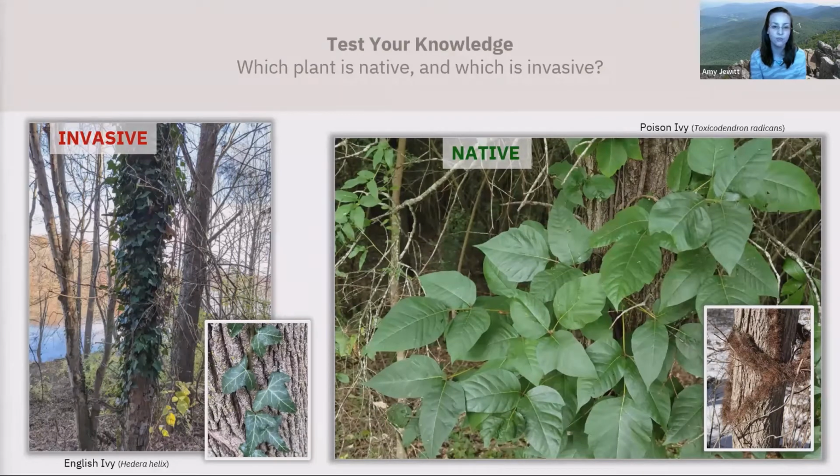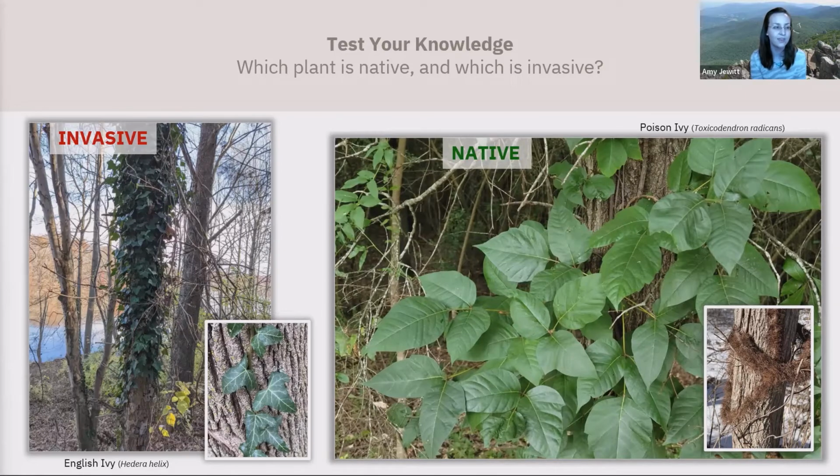The leaves of this plant are also consumed by other insects and wildlife. So if you have poison ivy growing on your property, in an area that you don't frequent very often and you're not going to hopefully brush up against it, let it be. It's actually providing a really great environmental resource to our wildlife and to the region.